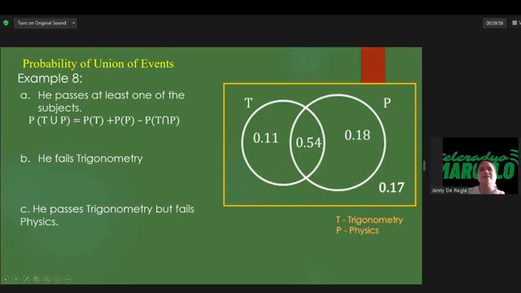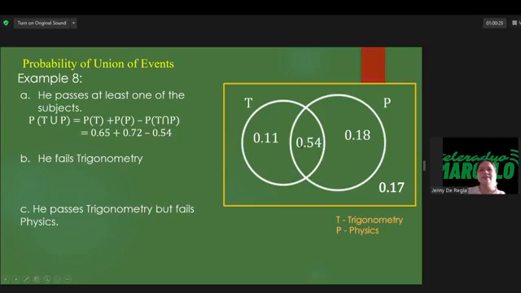So the probability of T is equal to 0.11 and then add the 0.54. So we have 0.65. And then the probability of passing the subject physics is equal to 0.72, by adding 0.54 and 0.18.